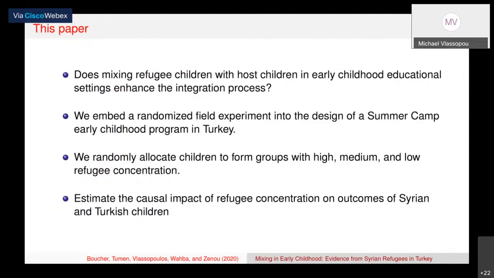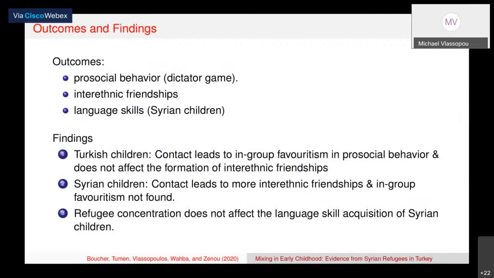So in terms of outcomes and a preview of findings, we're going to look at three types of outcomes. Starting with a measure of pro-social behavior that we're going to elicit in the field through a variant of a dictator game adapted to the local conditions and to the fact that we are dealing with preschool 5-year-old children.